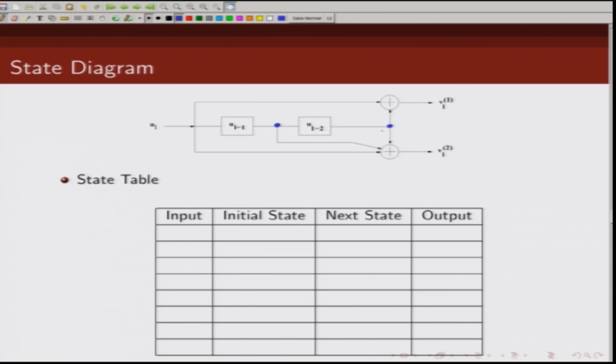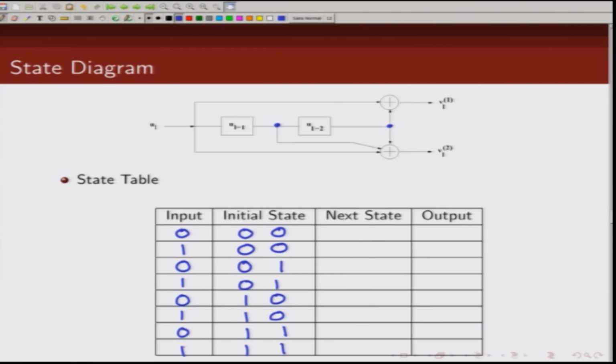Since the memory is 2, all possible states are 0 0, 0 1, 1 0 and 1 1. And corresponding to each state, we can have input 0 or 1.